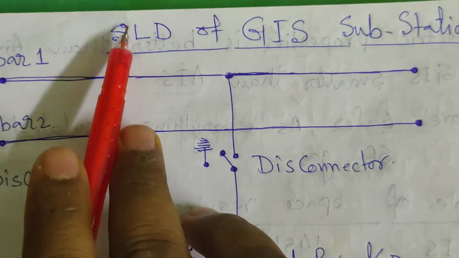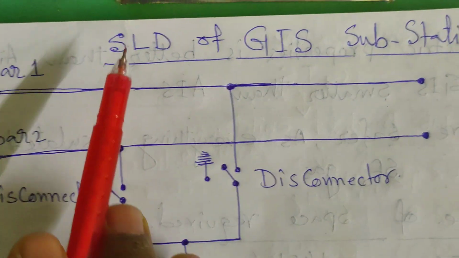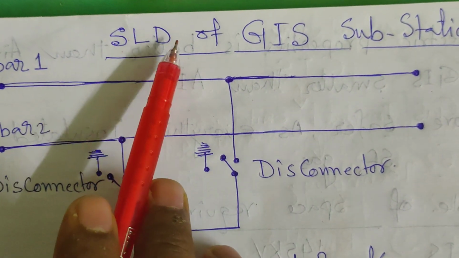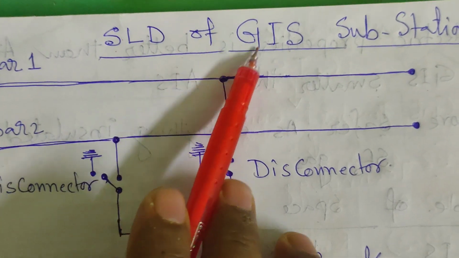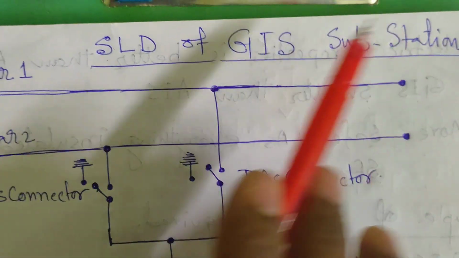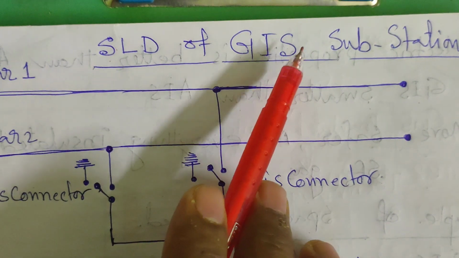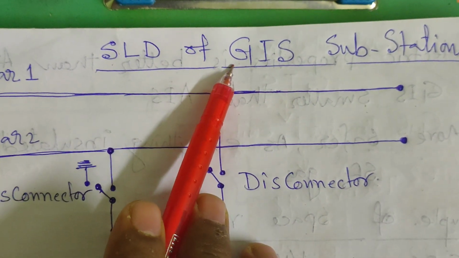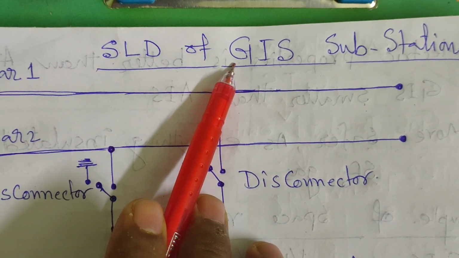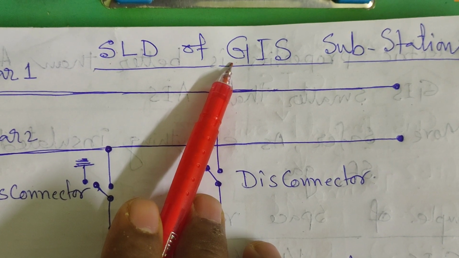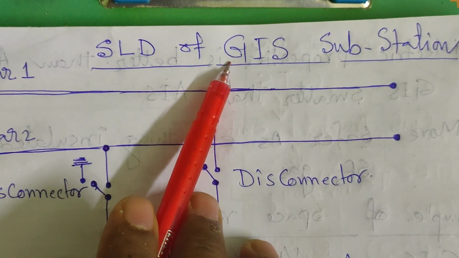So SLD, what is SLD? It is the single line diagram of a GIS substation, gas insulated substation. What is G? It is the gas. Gas here is SF6, sulfur hexafluoride.